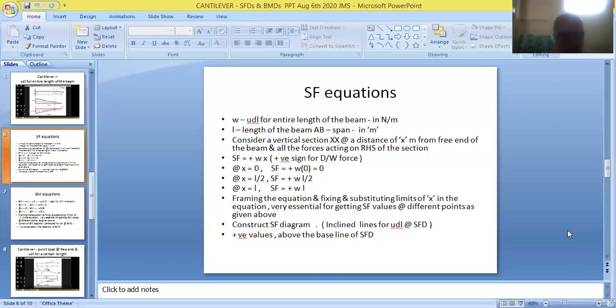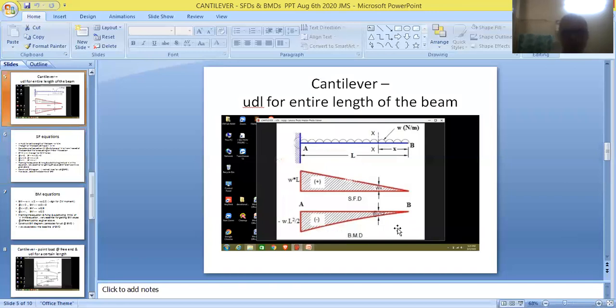And this is UDL that is acting on the beam. So therefore, inclined line is used for UDL while preparing SF diagrams. So friends, we can see this figure. At x equal to 0, we got it as 0. And x equal to L by 2, we got it as plus WL by 2.